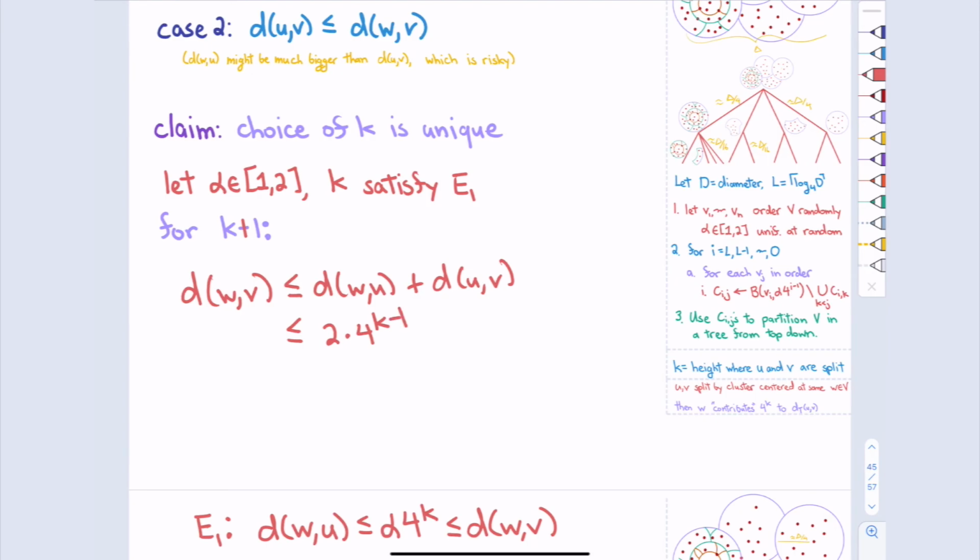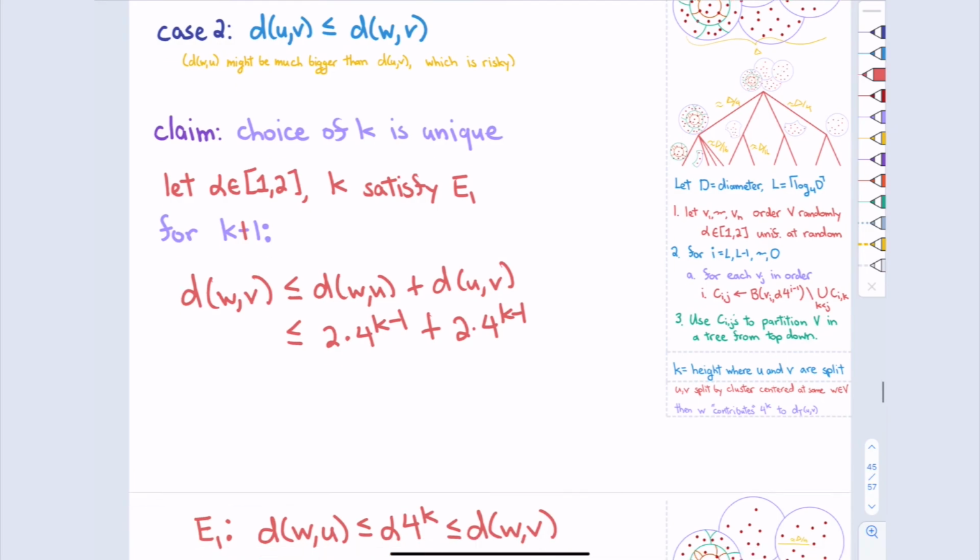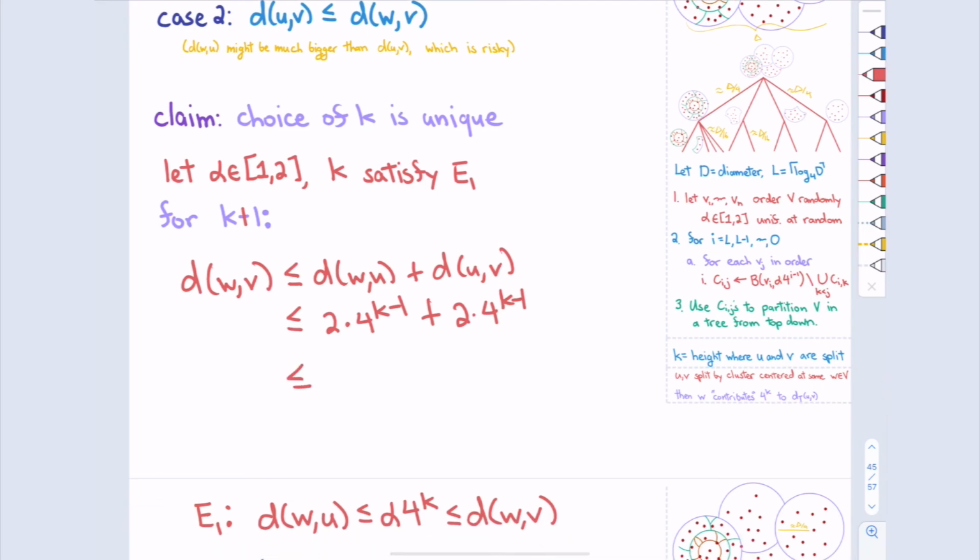And I know that d(U,V) is no bigger than d(W,U). I would have liked to get a strict inequality, but it shouldn't be a big deal. Which is at most 4 to the k.